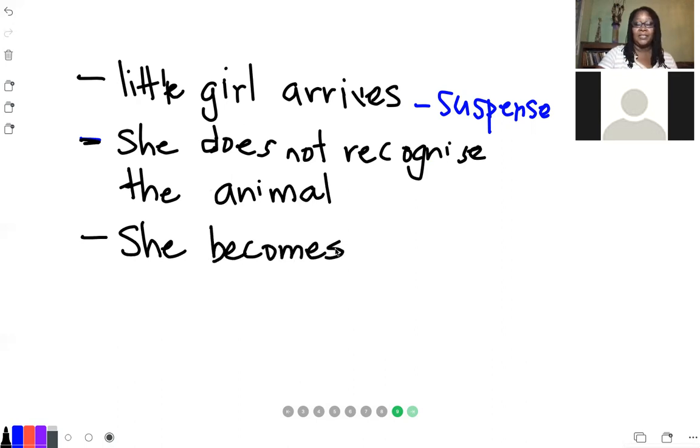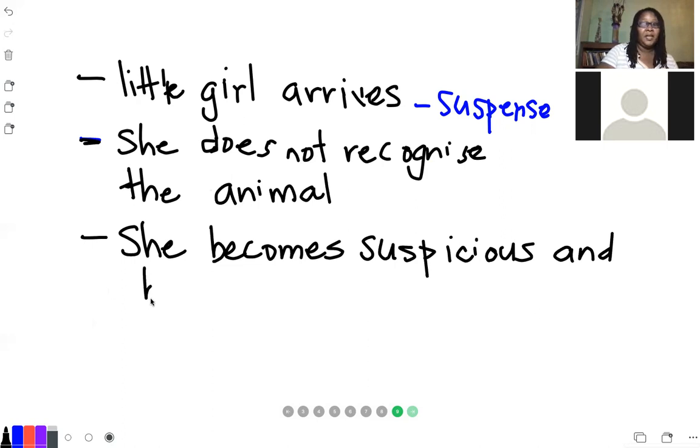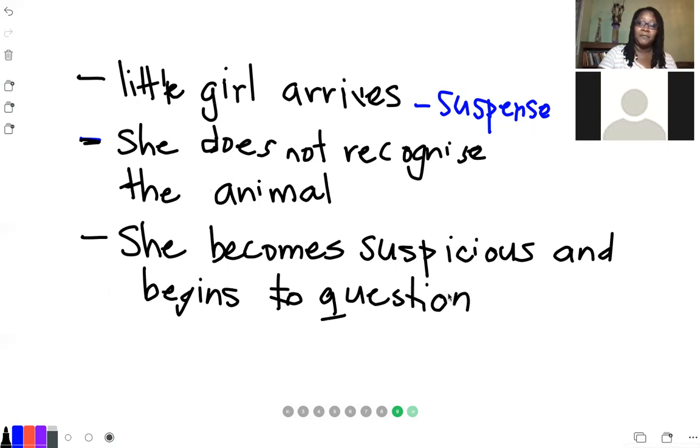And this, my friends, is where you're building to your climax. Building, building to the climax. And with each answer that the animal gives, it's more of a build up to the climax. So here we still have suspense when she doesn't recognize him.